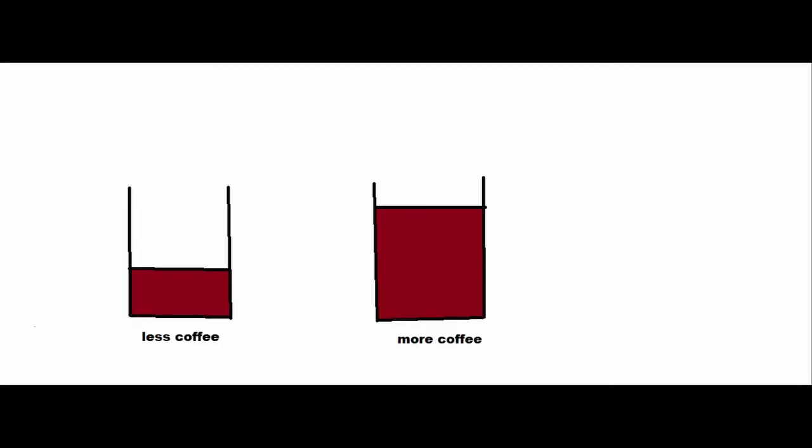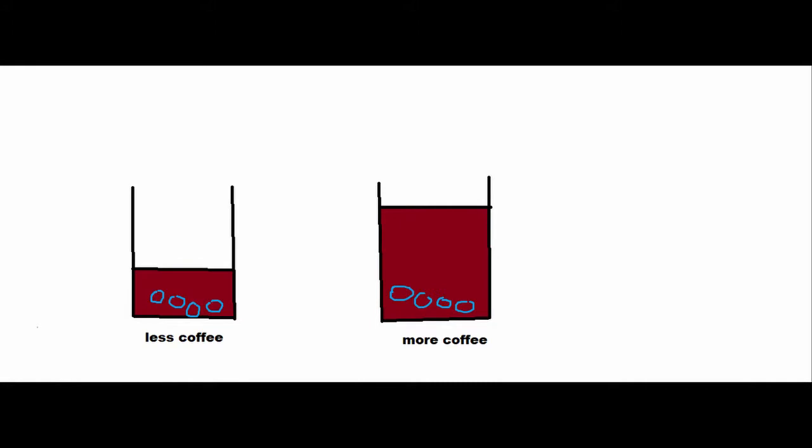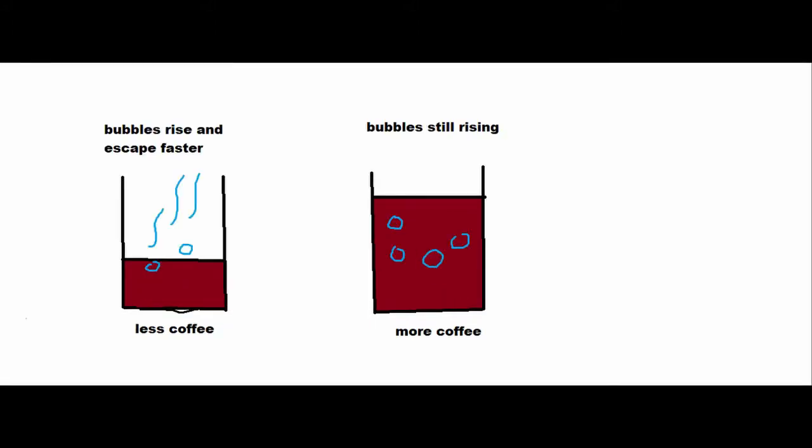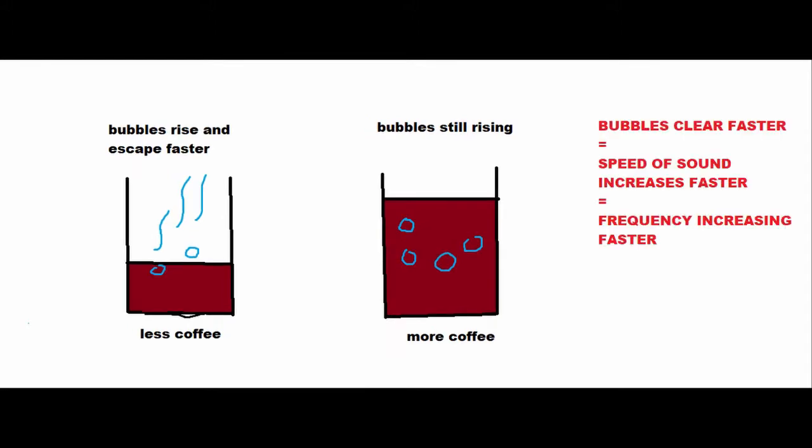The physics behind this is that with less water there's less space for air bubbles to exist, which means that air bubbles go up to the surface and burst faster. Therefore, velocity increases faster, and when velocity increases faster, the pitch rises faster.